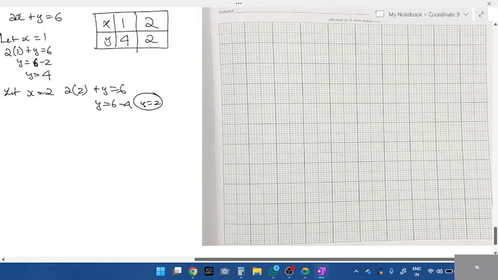Okay, the values are small, 1, 2, 2, and 4. So you can take 1, 2, 3, 4. 2, 4, 6, 8 is not required.